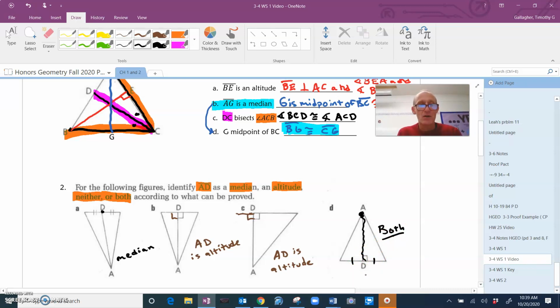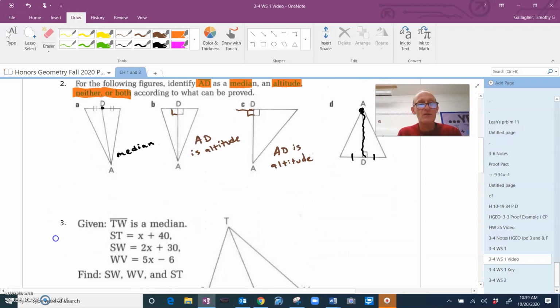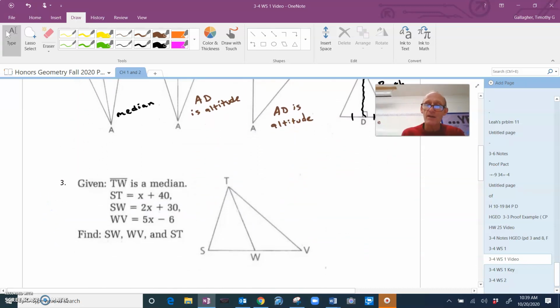So, all right, moving on then. We have some algebra. And in this problem, x plus 40 is an expression for this segment, 2x plus 30 is an expression for this segment, and 5x minus 6 is an expression for this segment. So we have to substitute these into it. So ST is x plus 40, so that's this segment here. So I'll just write x plus 40 right next to it.